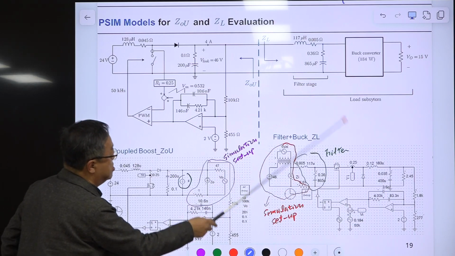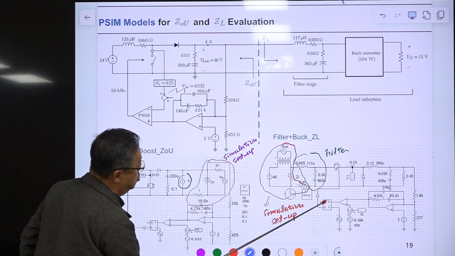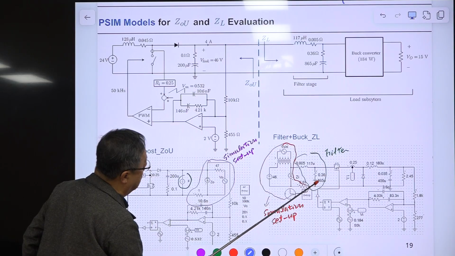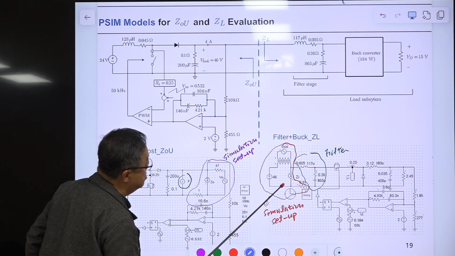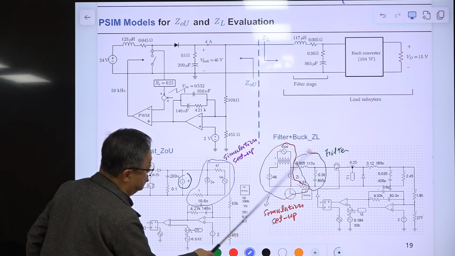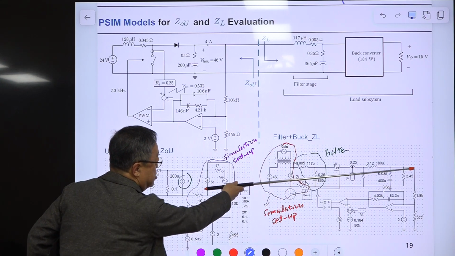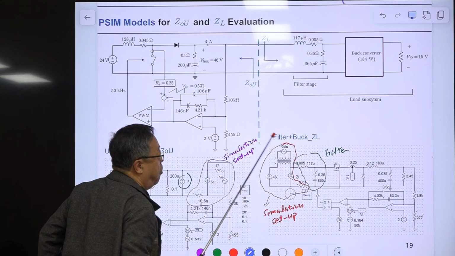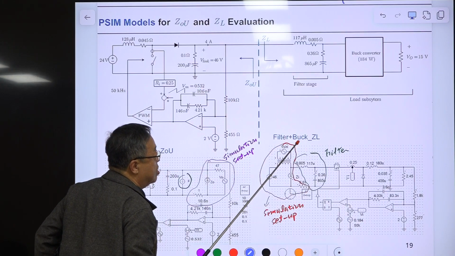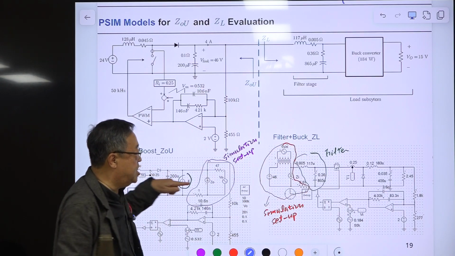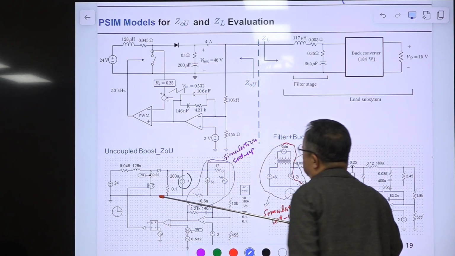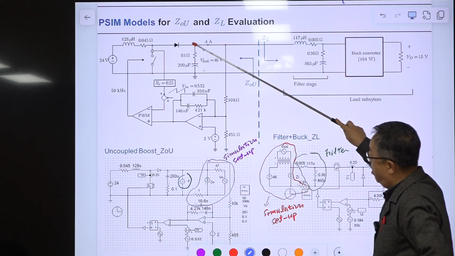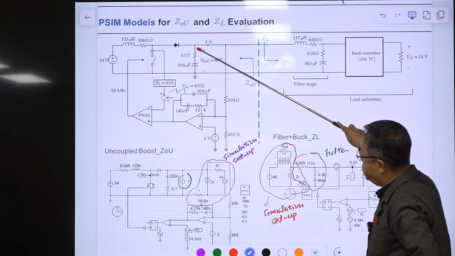So this is a downstream converter, a current mode controlled buck converter, and this is the filter stage, and this is the setup to simulate the input impedance of this one combined with this, which is the GL. So the buck filter plus buck converter produce the GL load impedance, and this generates the output impedance of the uncoupled converter.